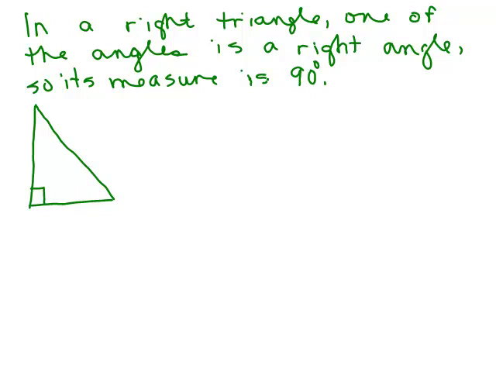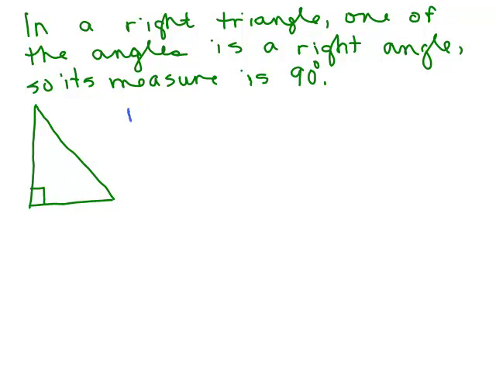And what does that tell you about these other 2 angles? If this one's 90 degrees, what do these other 2 have to add up to? Well, altogether they're 180, so these other 2 have to add up to 90 degrees. So they're complementary.